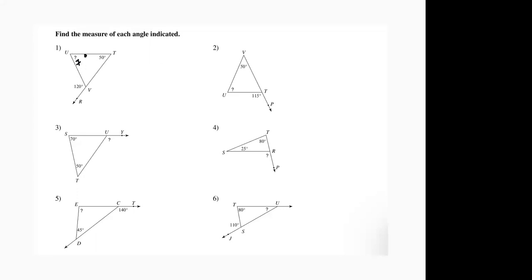Now, I'm going to do number 2 in red. We have the measurement of angle UTP is equal to the measurement of angle V plus the measurement of angle U, right? So angle UTP is 115 degrees. The measurement of angle V is 50. And the measurement of angle U over here is the question mark, I don't know what that is, right?